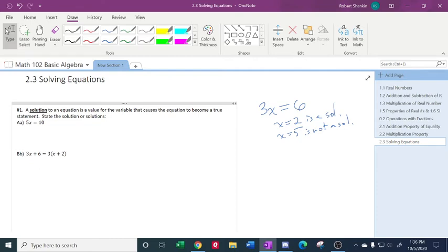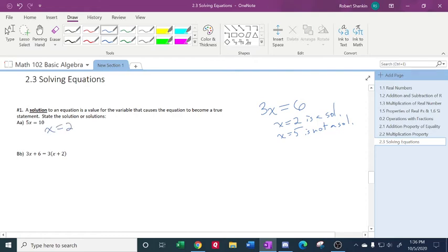All right, group 5. What did you get for A? We got x equals 2 is a solution. That's right, it makes it a true statement. 10 equals 10. What do you have for B?